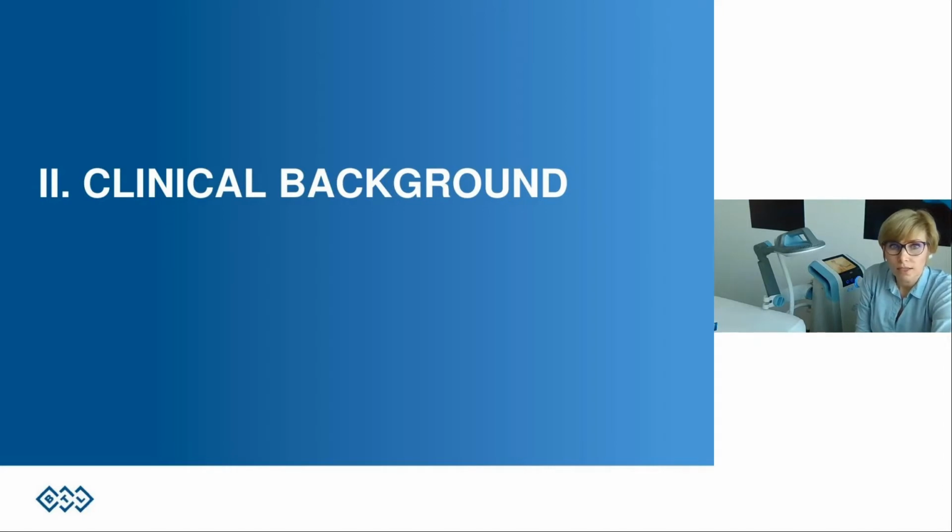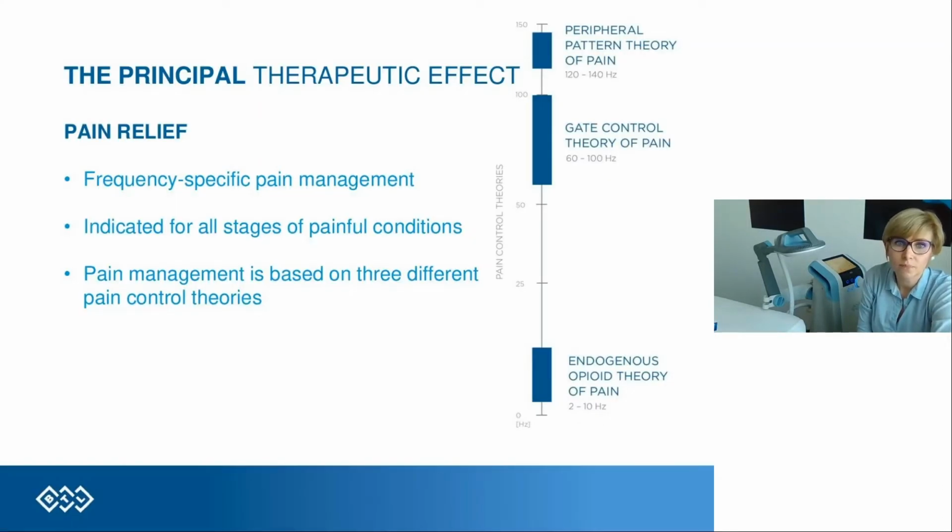So let's go through the clinical background and the point we are focusing on regarding the pain management. As you can see on the graph on the right, we are using different ranges of the frequencies. All those ranges are covering different pain control theories. So as you can see, we are covering the endogenous opioid theory of pain, which is intended for chronic conditions.